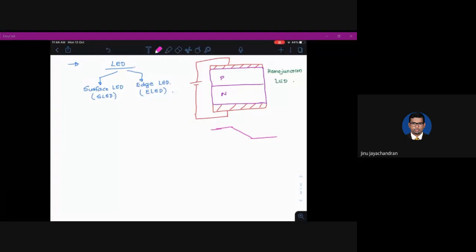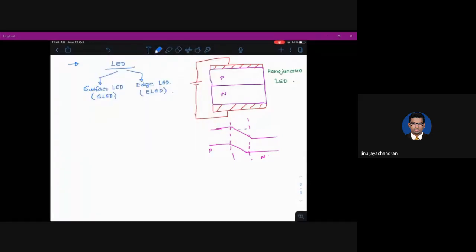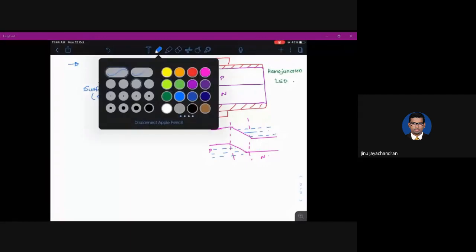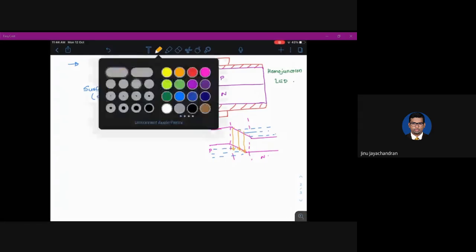So there is a P region, N region, and this is basically the depletion region. And you have the charge carriers all through your band, at the P side and also at the N side. Now, when you supply the current, the charge carriers will move down in the depletion region. The electrons will move down from conduction band to valence band, combine with the holes, and generate light.